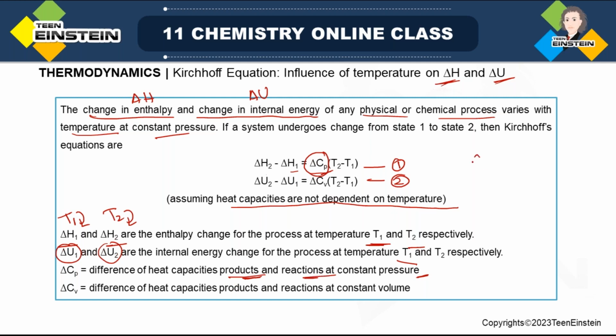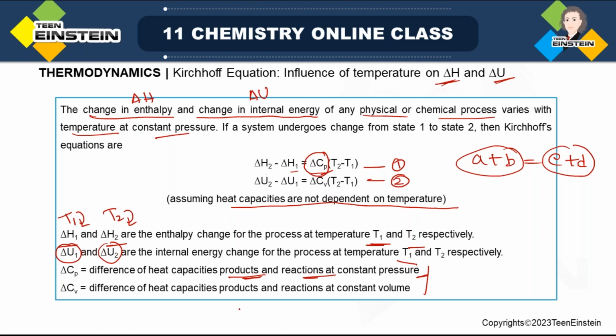Suppose you are doing the reaction A plus B gives C plus D. That means heat capacity for these two minus heat capacity of these two, that is actually del Cp. Del Cp, don't think it is the difference in heat capacity for T1 and T2. It is not that. So here it is mentioned.